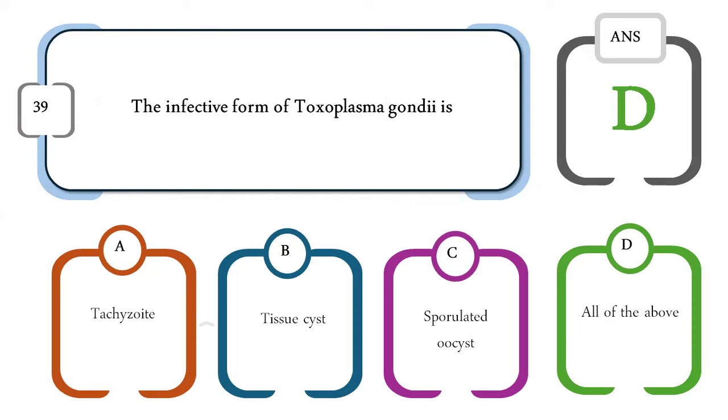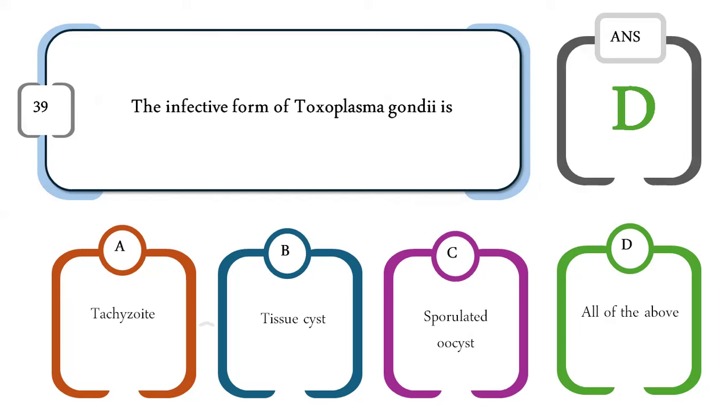Tachyzoite is a rapidly proliferating trophozoite in the acute infection. Toxoplasmosis infection takes place by ingestion of undercooked meat which contains tissue cysts, and ingestion of mature oocysts through food, water, or fingers contaminated with cat feces.